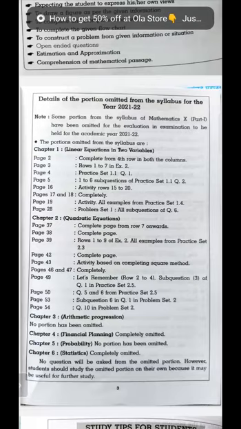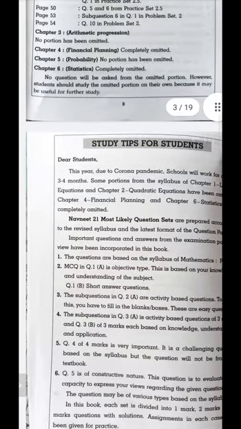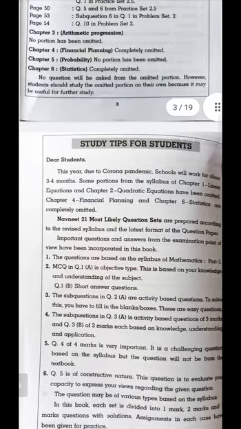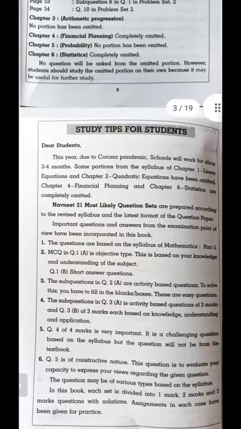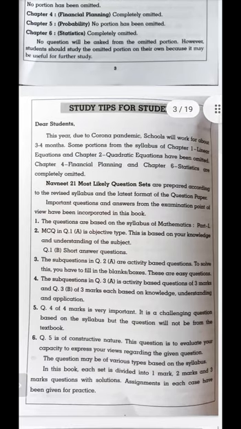So it is not difficult to pass in mathematics. It is too easy. Students, practice hard. Now see here, there are some tips for the students. You can solve multiple choice questions and activity based questions, and in those you can score the marks.